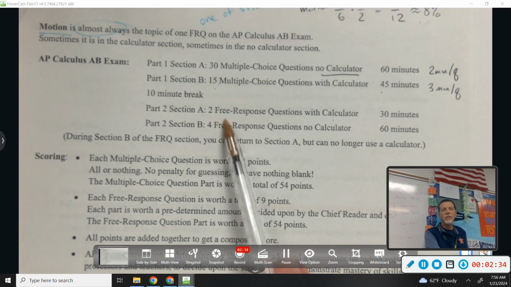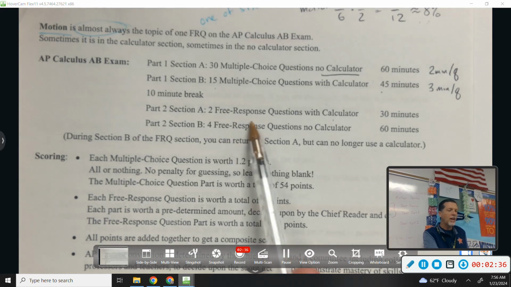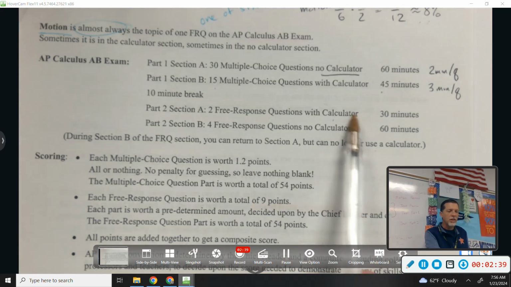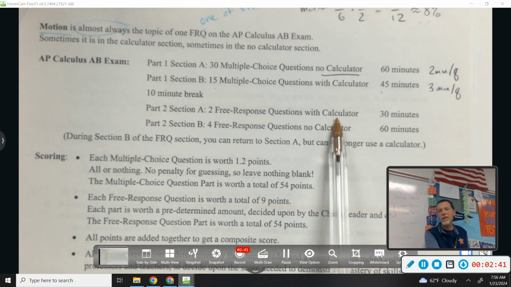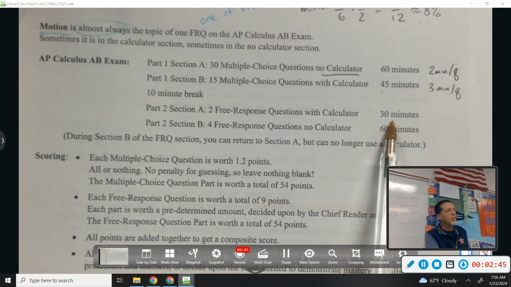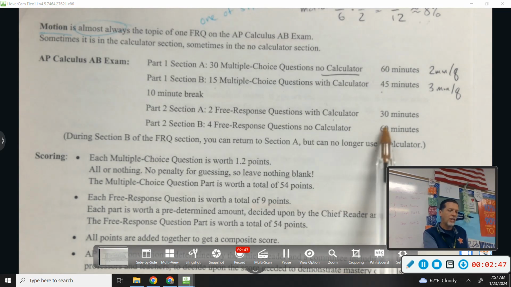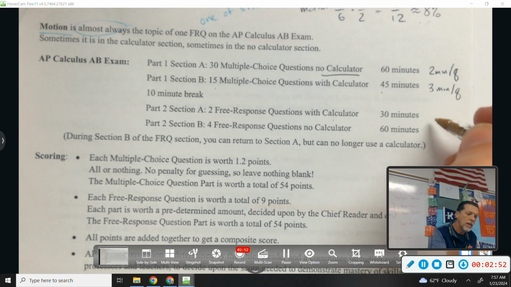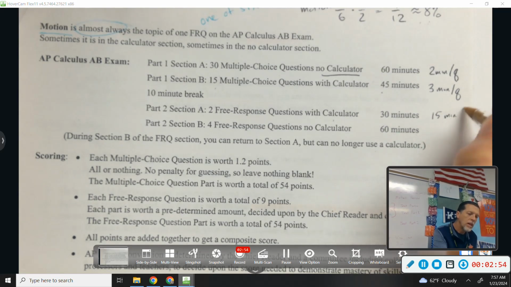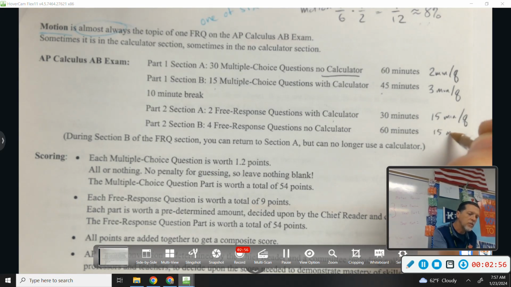So if you left something like a justify part, or some other piece you wanted to comment on, you can go back and do it. So make sure you get all your calculator stuff done in 30 minutes, and if you need to go back and tweak something, you can, you just won't have a calculator. Obviously these are 15 minutes per question.